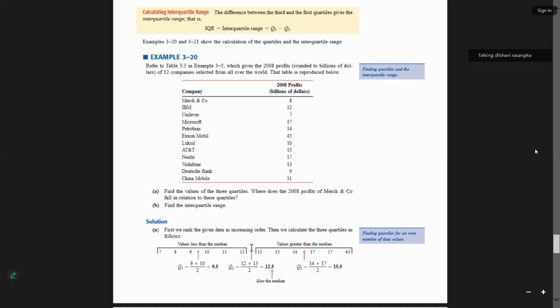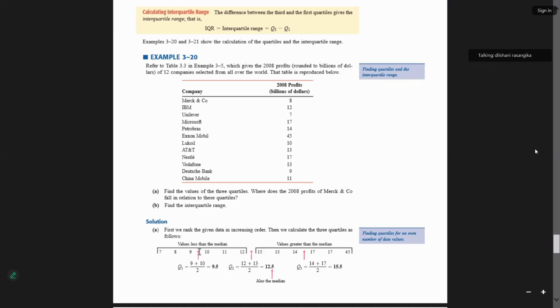We only take the middle value of these two values. That means this value is also included in this portion. So we consider this value when we are calculating Q1. We know there are 6 values in the first portion and 6 values in the second portion.